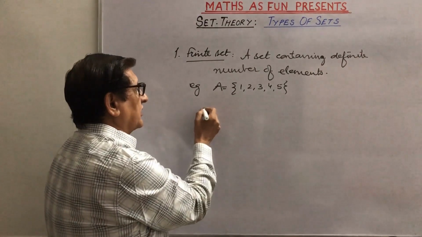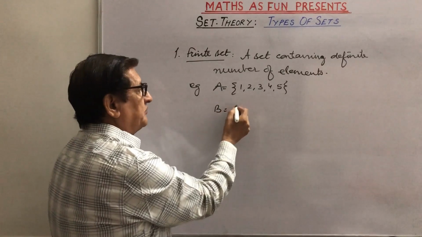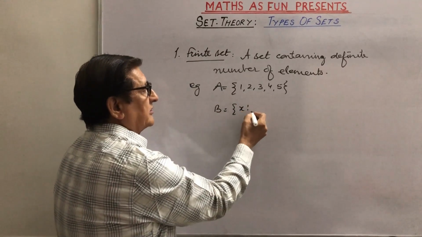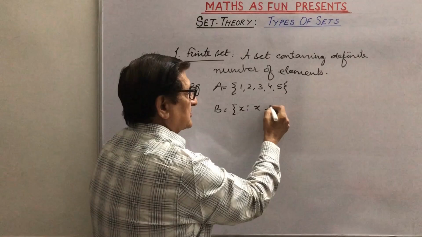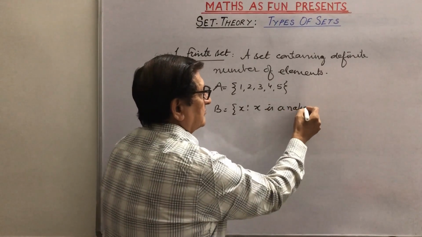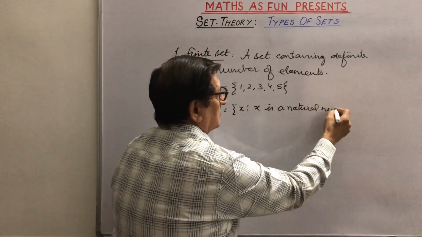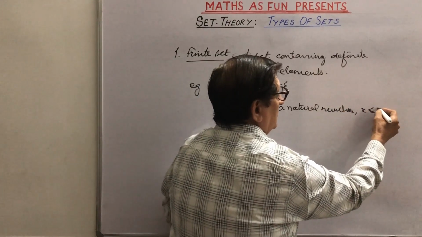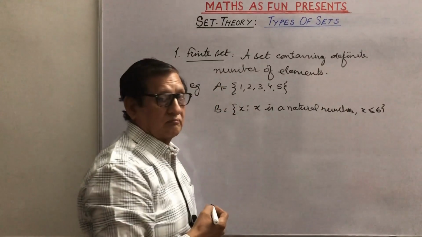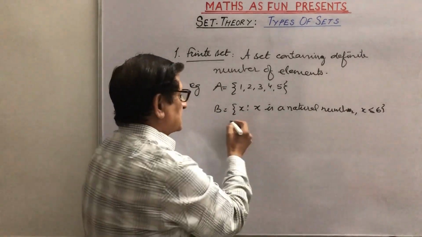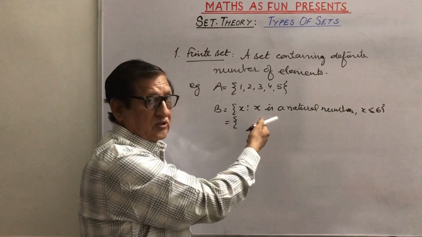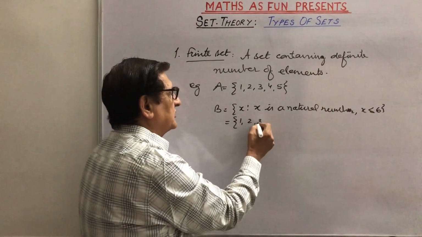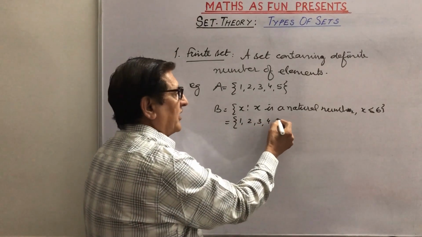Second example, suppose we have a set B, x such that x is a natural number and x is less than or equal to 6. It means this can be written in the roster form having the elements 1, 2, 3, 4, 5 and 6.